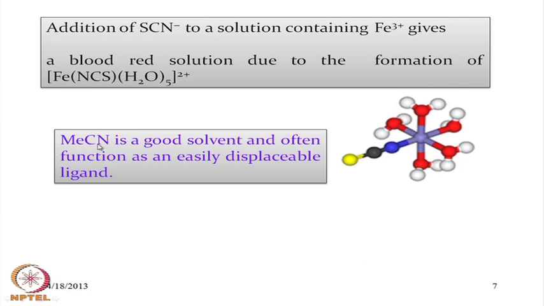And within this particular medium, we can dissolve so many metal salts and so many ligands, because some ligands are insoluble in water, and insoluble in alcohol also. So, MeCN can function as a very useful solvent, and when it is binding to the metal center, it can function as a very good ligand.